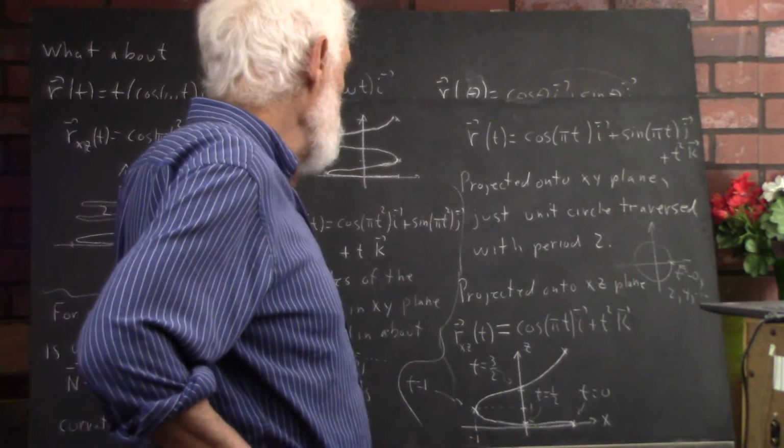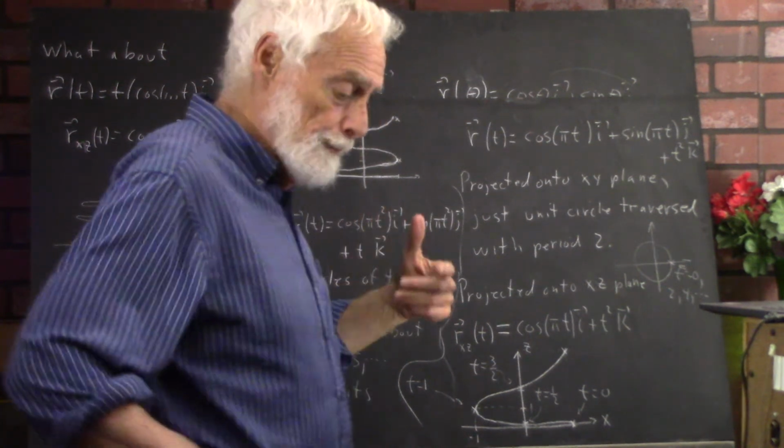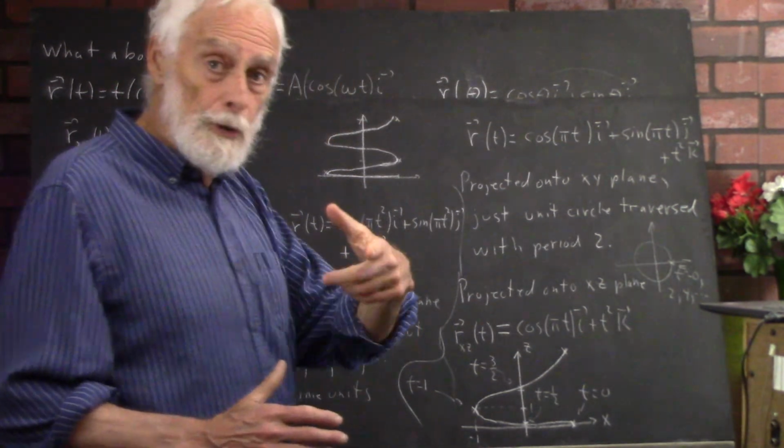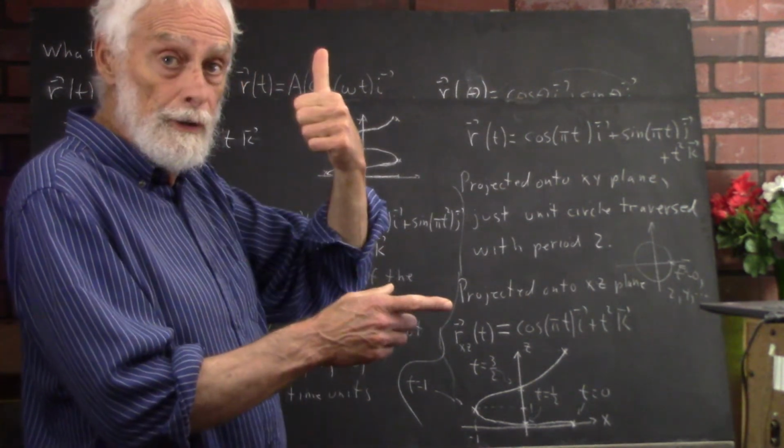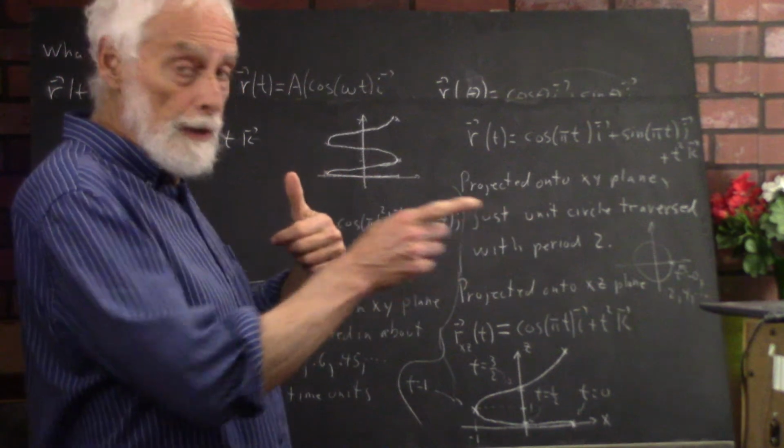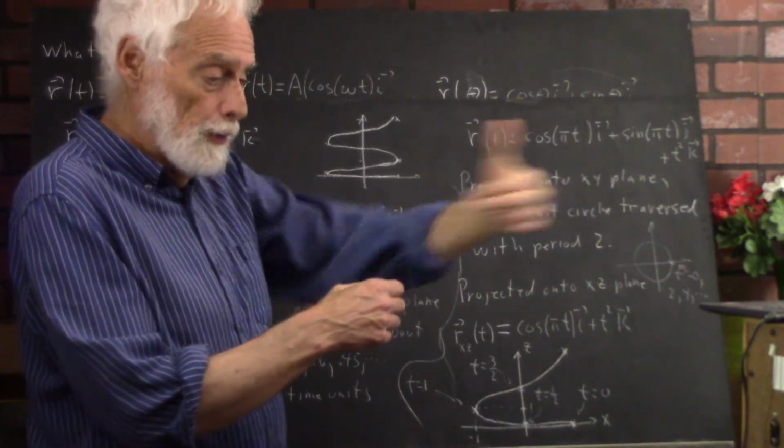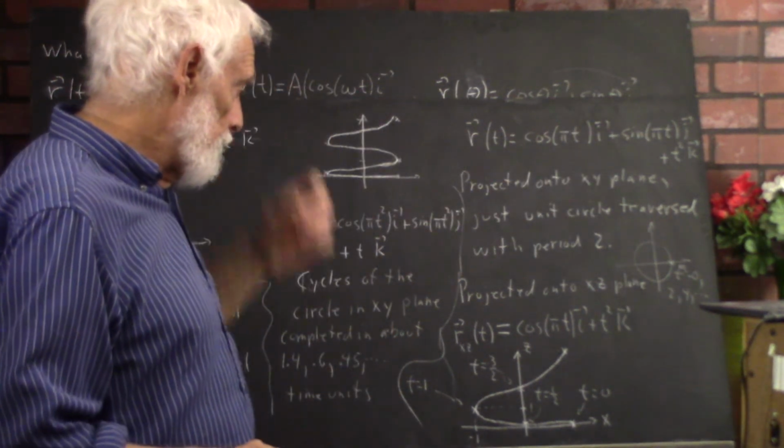Now, if we want to project onto the xz plane, well, if x is toward you, y is there, and z is here, you're looking at it from along the y-axis, so you're looking back at it here.